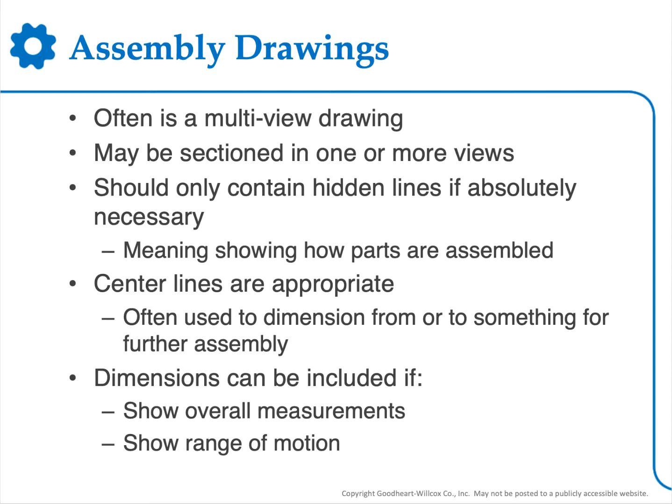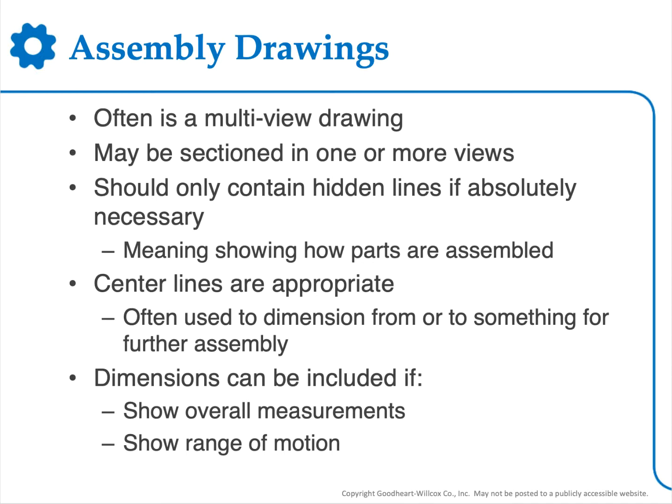Dimensions can be included if, and there's a couple of rules around these that aren't set in stone, but they're just good guidelines, you only use dimensions if they show the overall measurements, like a working envelope of that assembly or the overall footprint of that assembly. How big is that assembly going to be when it's finished, so that somebody knows the physical size, how much room it's going to take up on a shop floor, for example.